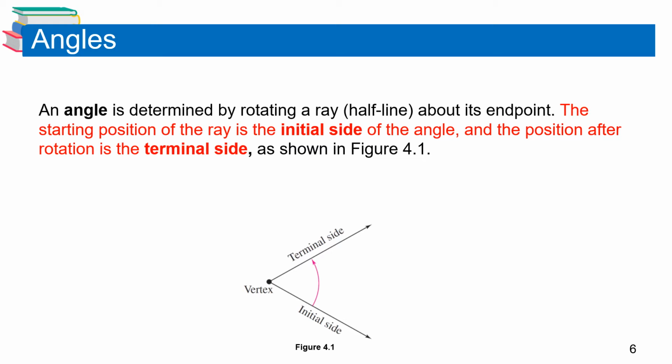The initial one is called the initial side, and then you have the terminal side. So this is the angle, which is the measurement between the initial line and the terminal side.